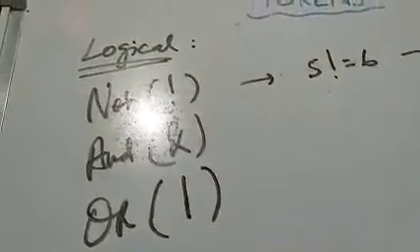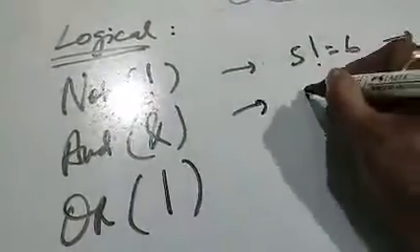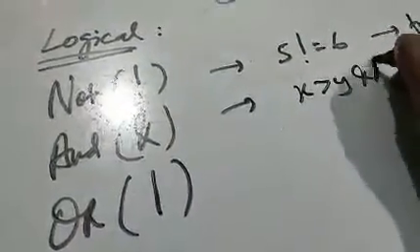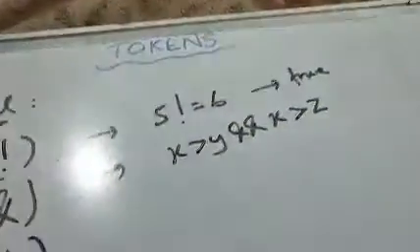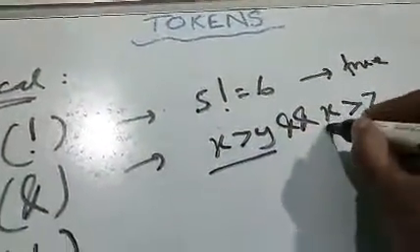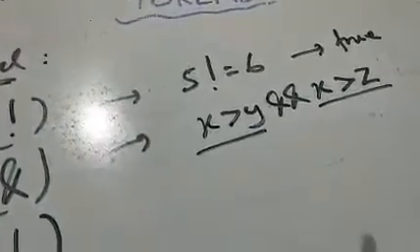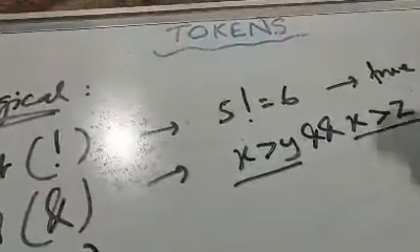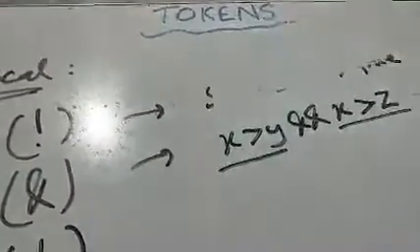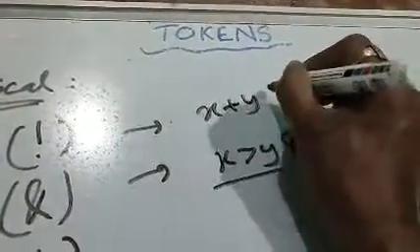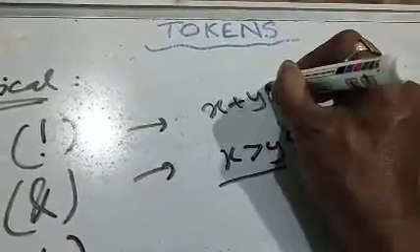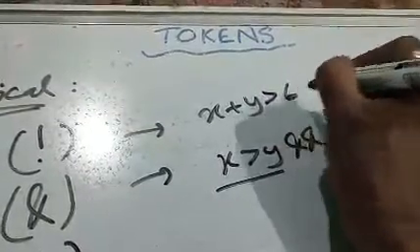What do you call this one? X greater than Y and X greater than Z. That means X is greater than Y, at the same time X is greater than Z. So this is an expression, and this is also an expression. Here this should have been a little more precise. I would like to make it NOT of X plus Y greater than 6.